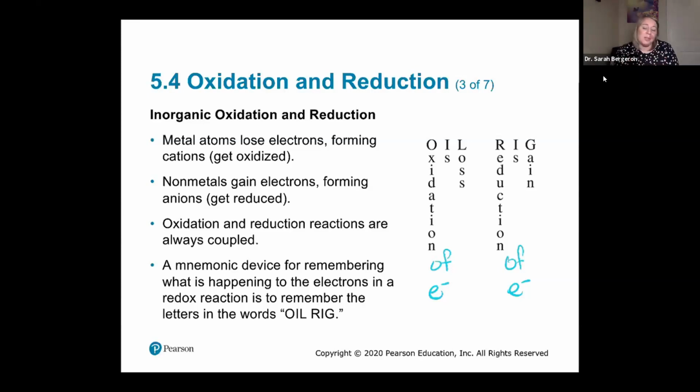Non-metals, on the other hand, on the other side of the periodic table, are the ones that are going to have a negative charge once they become an ion. So they've gained electrons. So because we have anions, we know that they're going to get reduced. So always those oxidation reduction reactions are going to be coupled. And if you remember this little OIL RIG saying, it will help you to remember what's lost and what's gained.